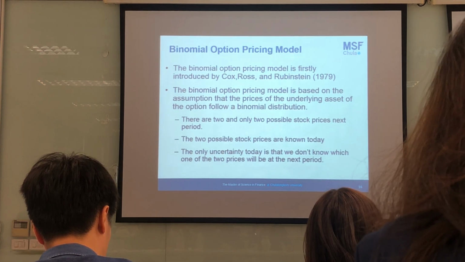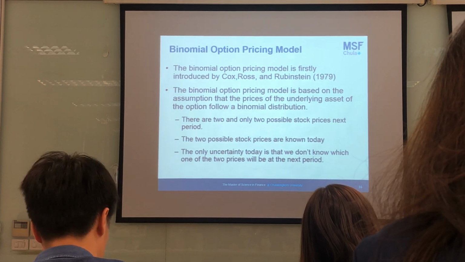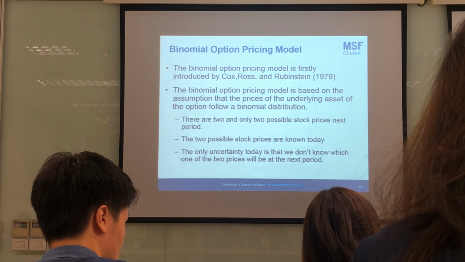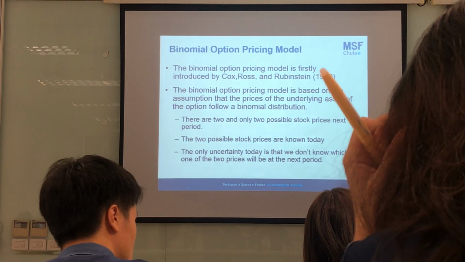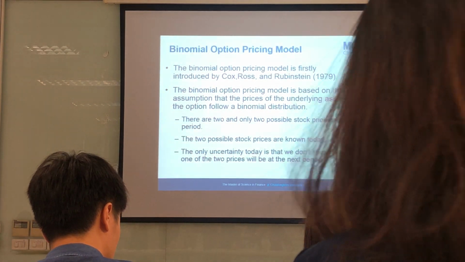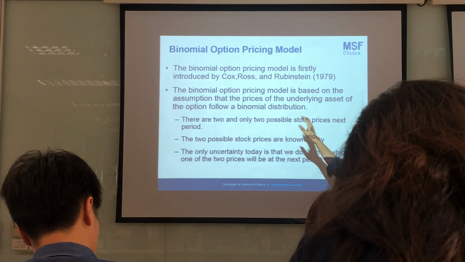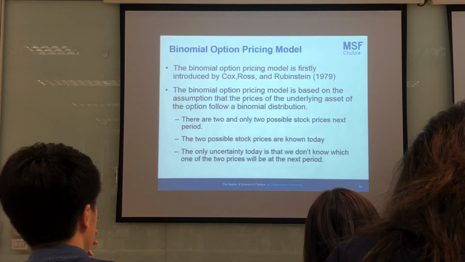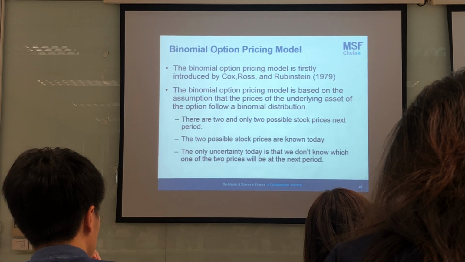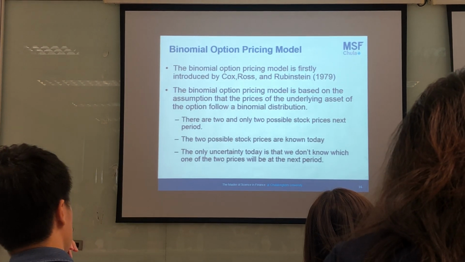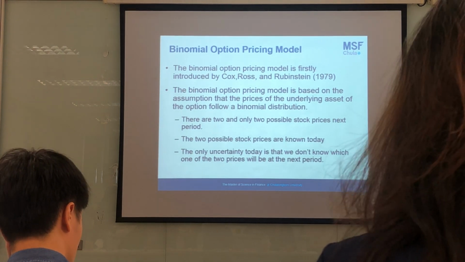Okay, now we will discuss more about the binomial option pricing model. This approach was proposed by these three professors, Cox, Ross and Rubinstein, in 1979, 6 years after the Black-Scholes model was published in the journal. There is a story about the Black-Scholes model: Black and Scholes got the Nobel Prize from this paper.